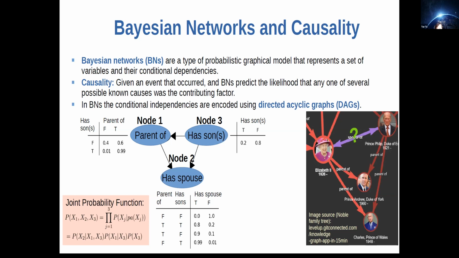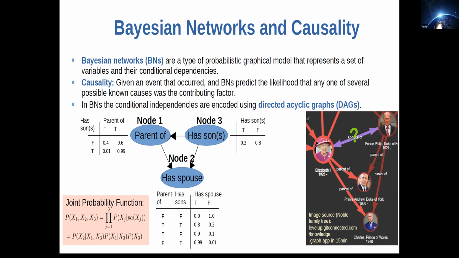To see the relation between the Bayesian network and the underlying probability distribution of these random variables, let's try an example in a knowledge graph, from the royal family.